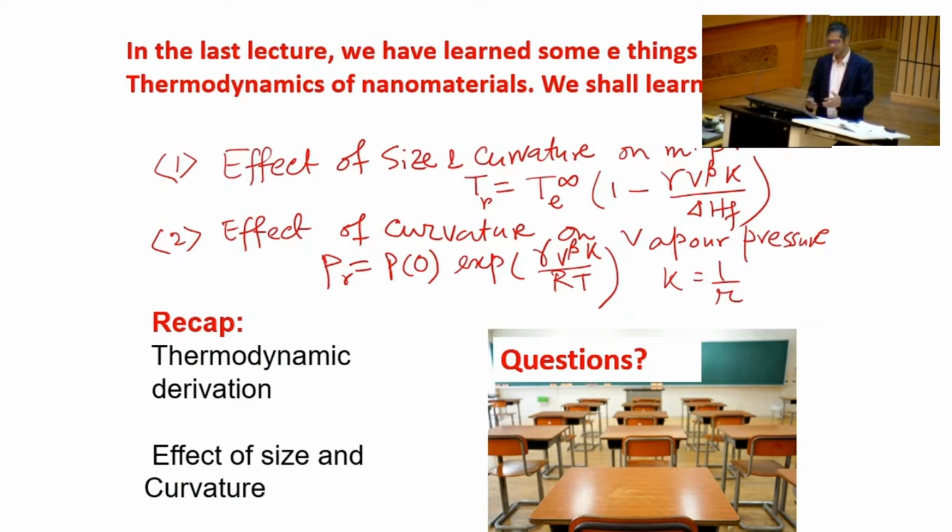So vapor pressure increases very rapidly, since this is an exponential function. This is exactly what I discussed.